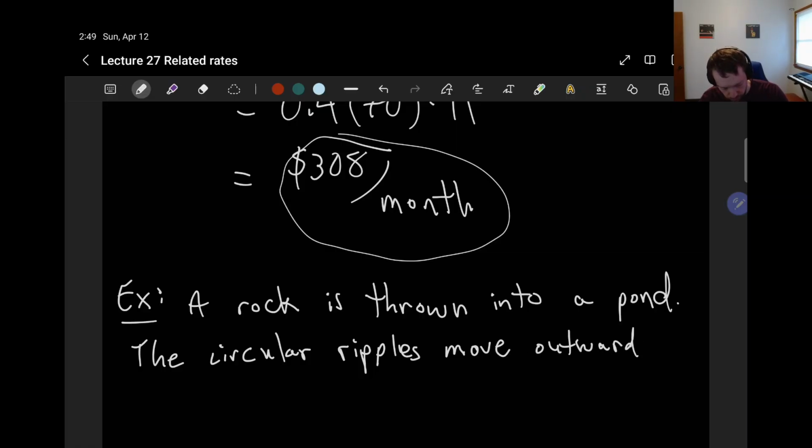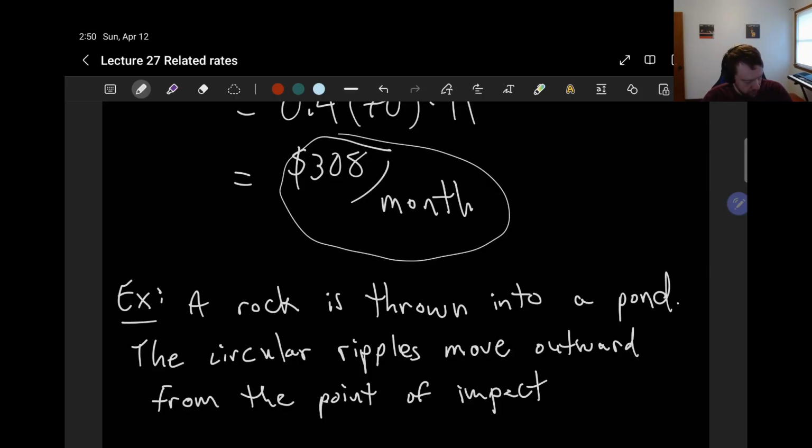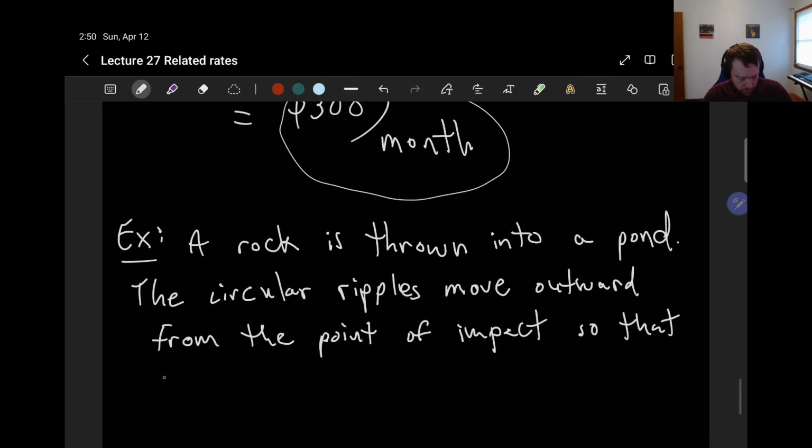Those will move outward from the point of impact. And this will be so that the radius increases. After all, these ripples will get wider, they'll move farther out. So the radius of these circles increases at a rate of 3 feet per second.